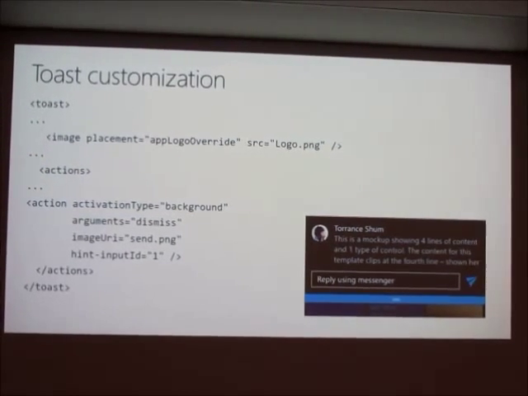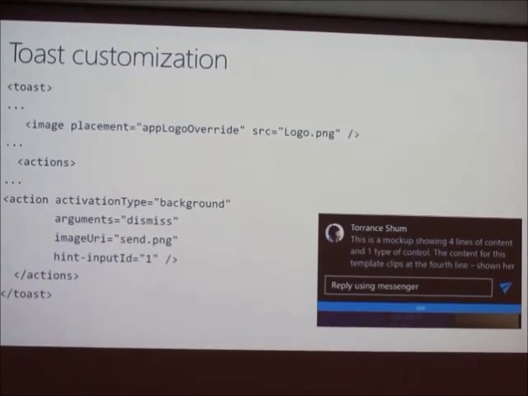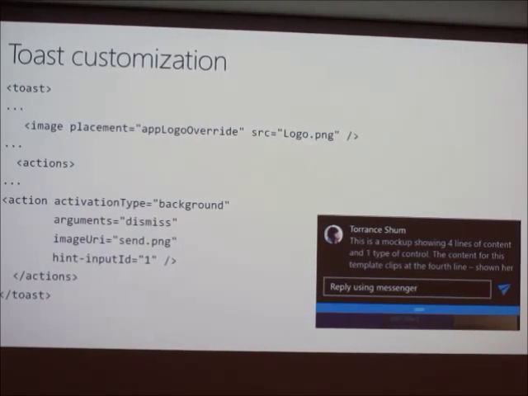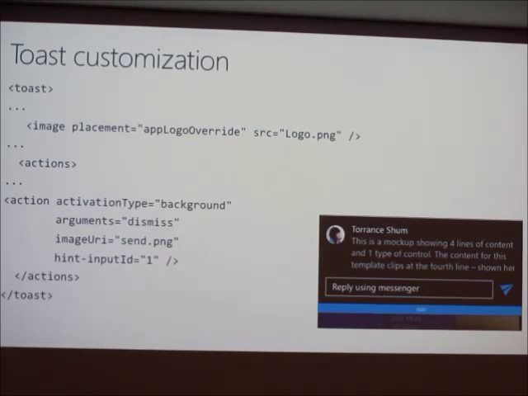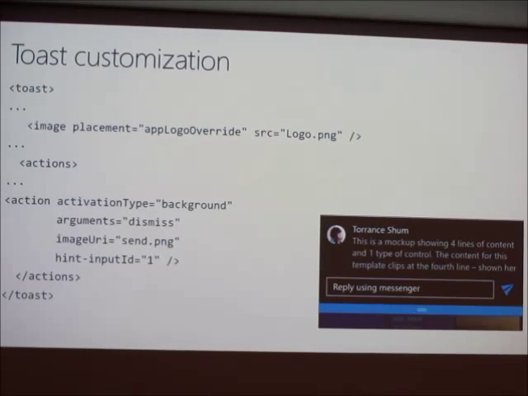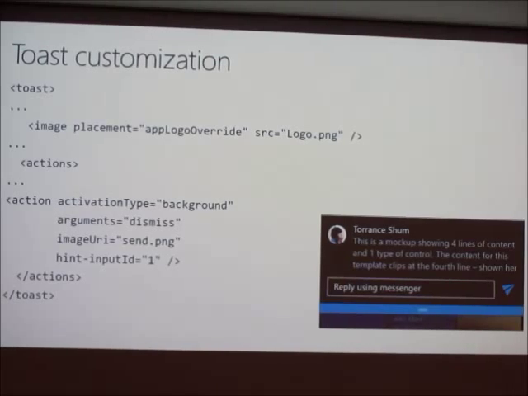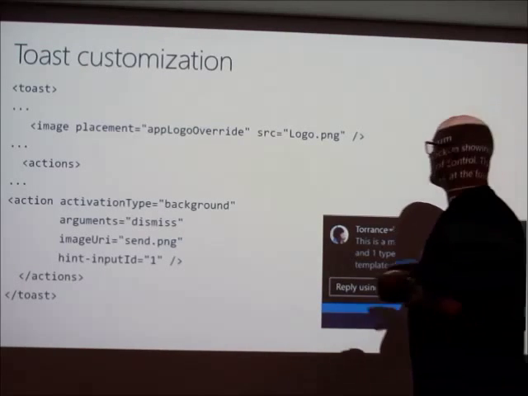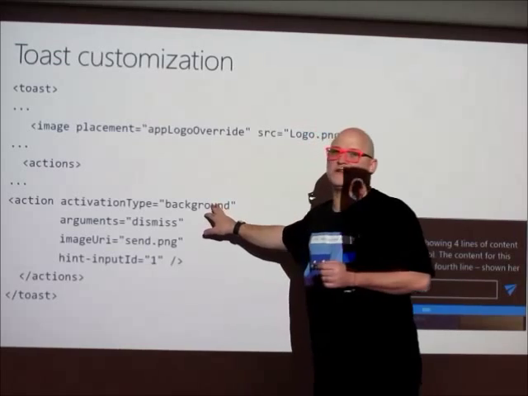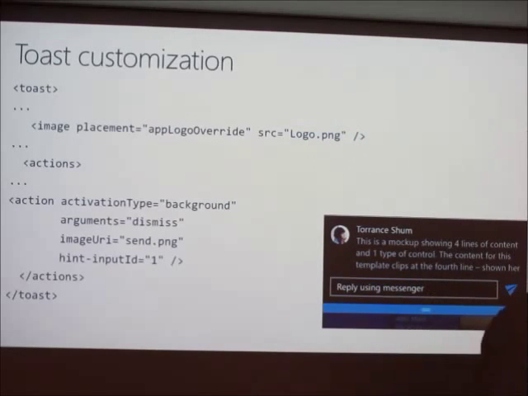So here is customizing a toast that allows you to create a background action. So here, this activation type is background. This will literally stimulate a background task and send the information to it.